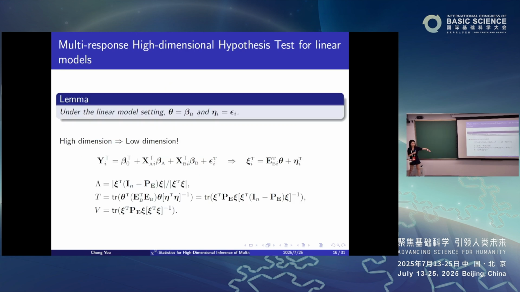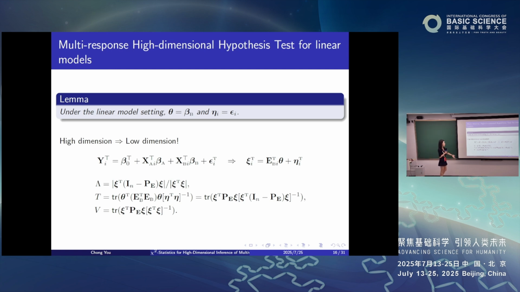So now we convert the high dimension to low dimension, from this to this, and we can use all the classical multivariate tests: Wilks lambda, Hotelling-Lawley trace, and Pillai trace. They can all be used because it is now a low dimensional problem.